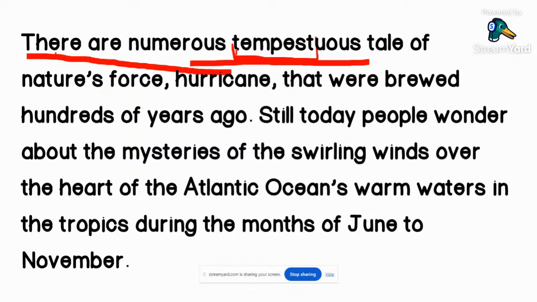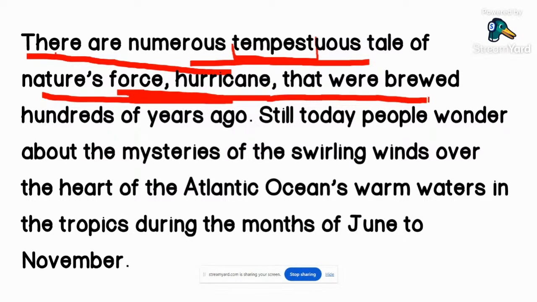Tempestuous. Tempest series of Nature's hurricane. Nature's force hurricane. That was new finding of years ago.